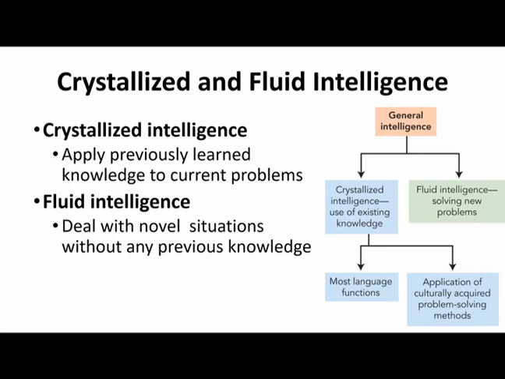And similar to the idea of going from inexperienced to being an expert in a particular area, as we get older, we'll move from relying on fluid intelligence to more crystallized intelligence as we gain experience and build up knowledge from interacting with things in the world. And this might be beneficial because crystallized intelligence relies on long-term memory, and our long-term memory tends to last very well as we age.